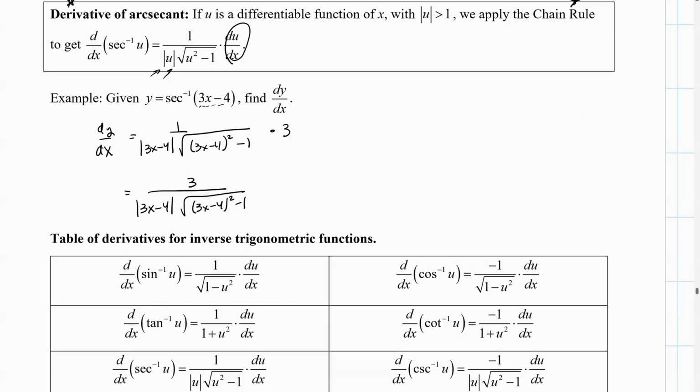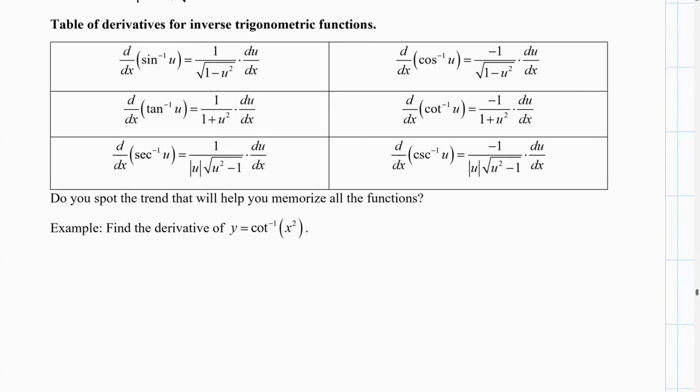Okay, so we've done 3 inverse trig functions, the sine, the tangent, and the secant. You've got to memorize those 3. The good news is the other 3 are easy to memorize. Take a look at the difference between inverse sine and inverse cosine. What's the difference?